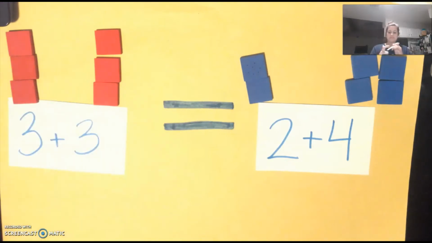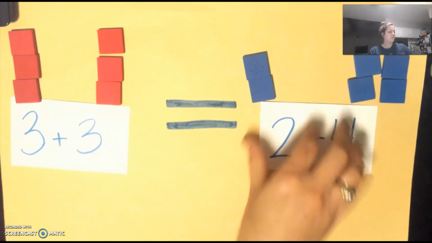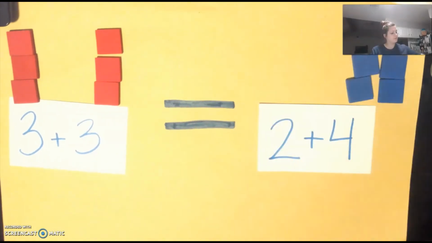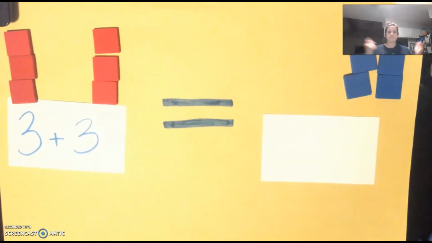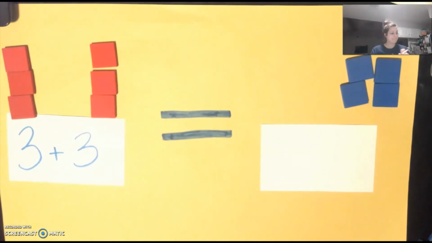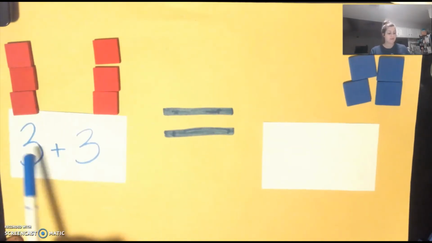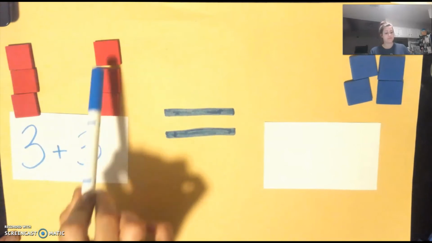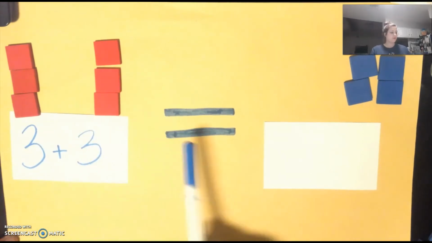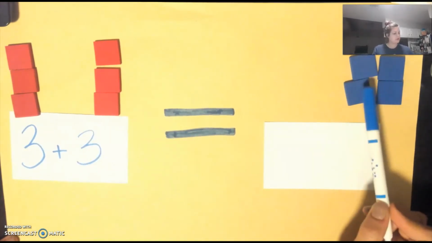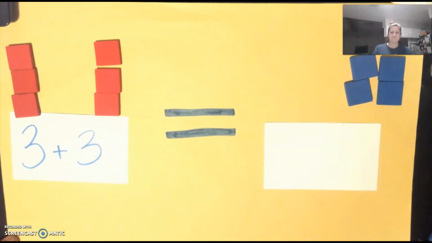Right. So here's what we're going to do. What if I have that? I have 3 plus 3, which is 1, 2, 3, 4, 5, 6, equals, what do I have over here? 1, 2, 3, 4.